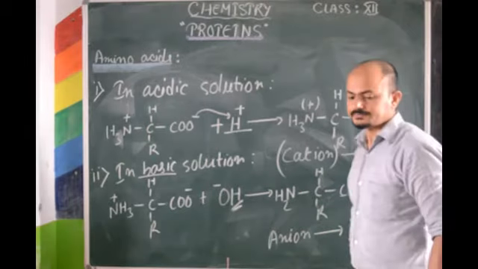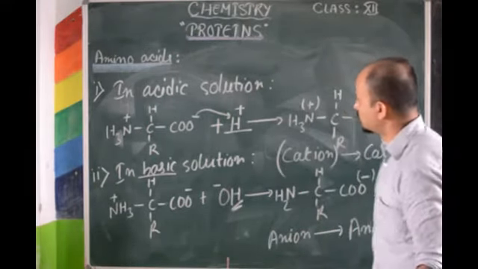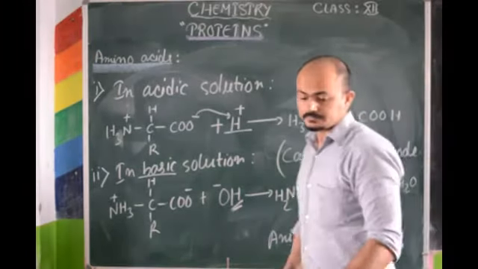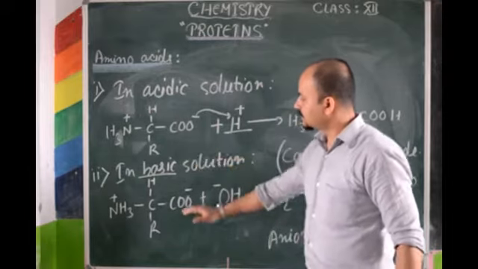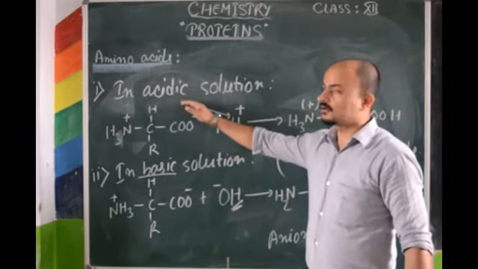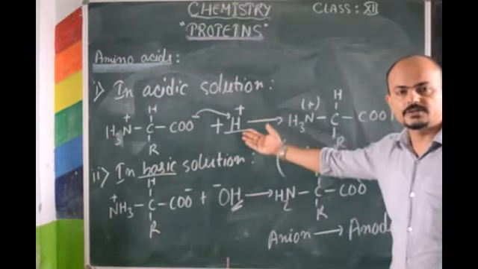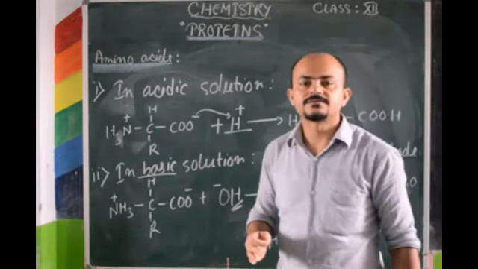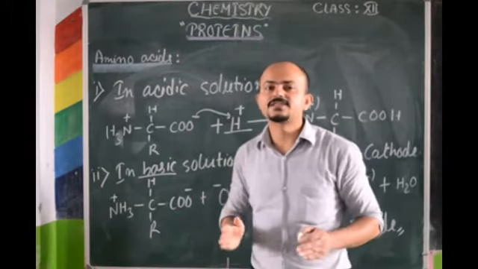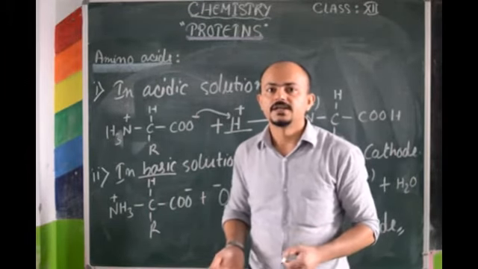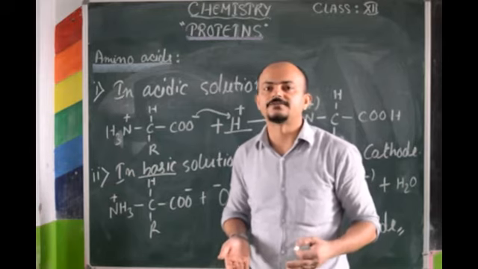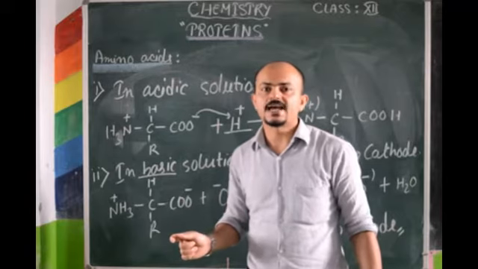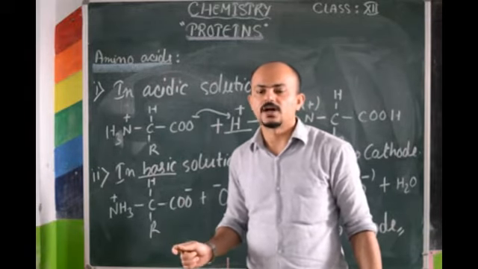Hope this is clear. Now, let's discuss the isoelectric point. We have seen that in acidic solution it migrates towards one of the electrodes, and in basic solution it migrates towards the other. But there is a certain pH range of amino acids where it doesn't migrate to either the anode or the cathode, and this pH range is known as the isoelectric point of amino acids.